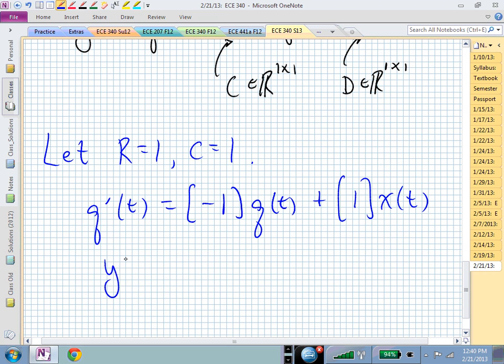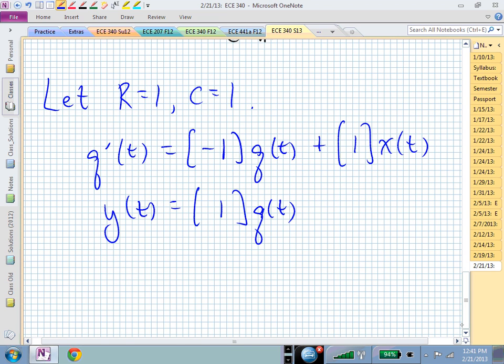And Y is simply C, Q, and in this case, C is this 1 by 1 matrix that's 1.